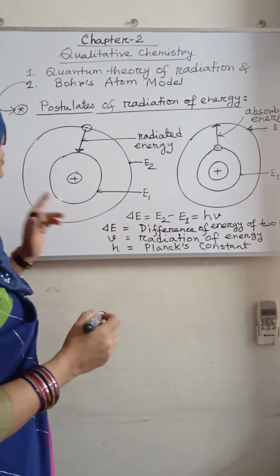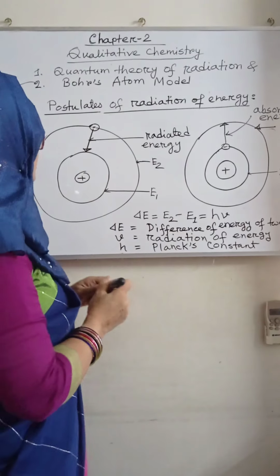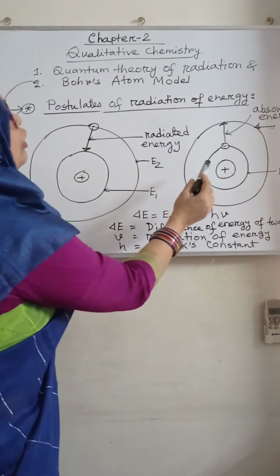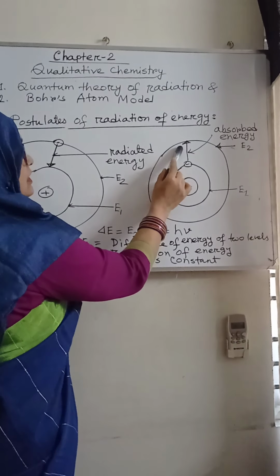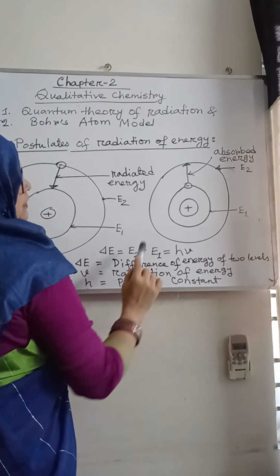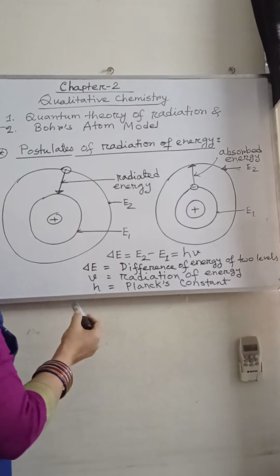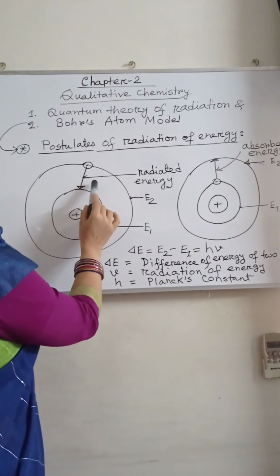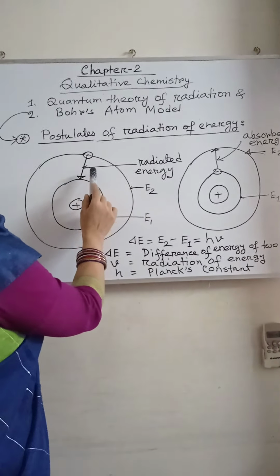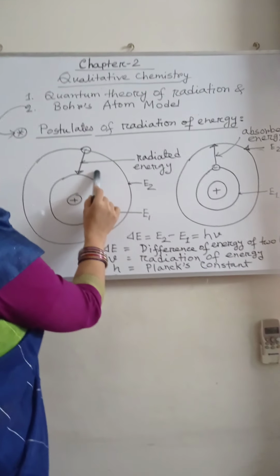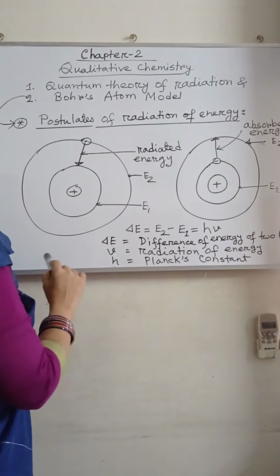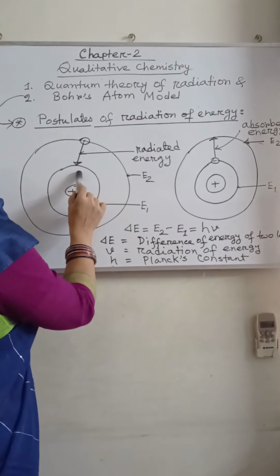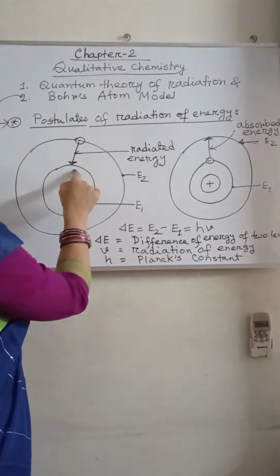And absorption of energy by an electron from a lower energy level to a higher energy level gives absorption spectra, and radiation or emission of energy by an electron from a higher energy level to a lower energy level gives emission spectra.